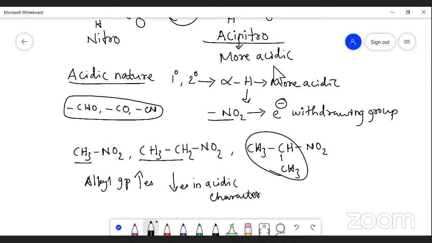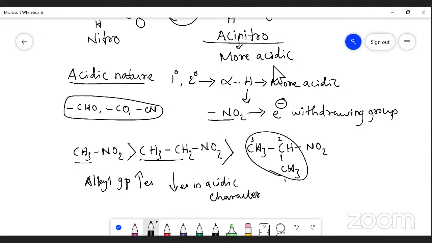So nitromethane is more acidic compared with the others, and the third one is a secondary compound, 2-nitropropane. Generally, acidic character depends upon the alkyl group: as the number of alkyl groups increases, the acidic character decreases.